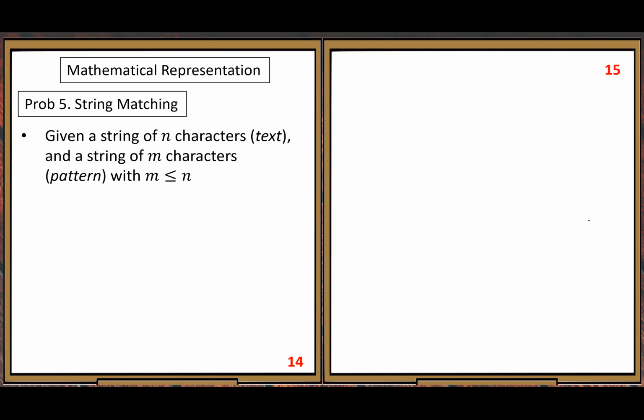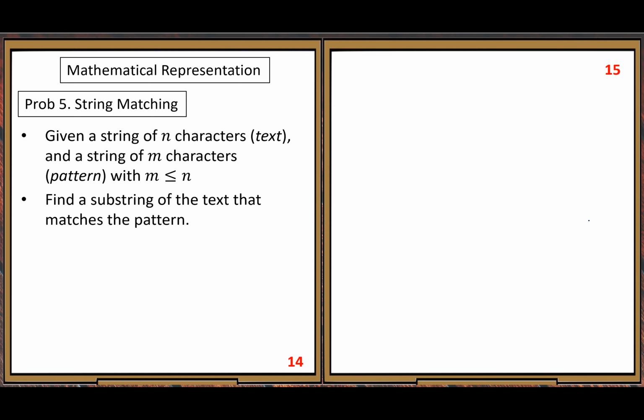And a string of m characters, we call a pattern, with m less than or equal to n. So that's our given data description. Then the problem: we need to find a substring of the text that matches the given pattern.